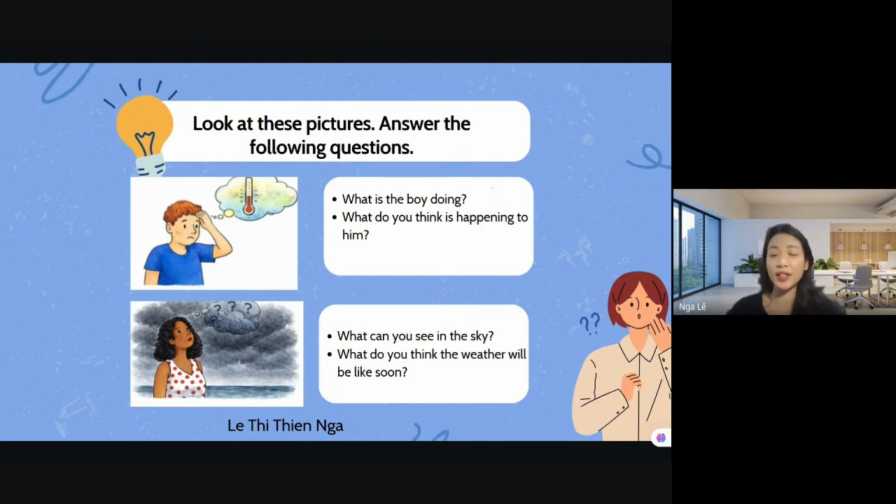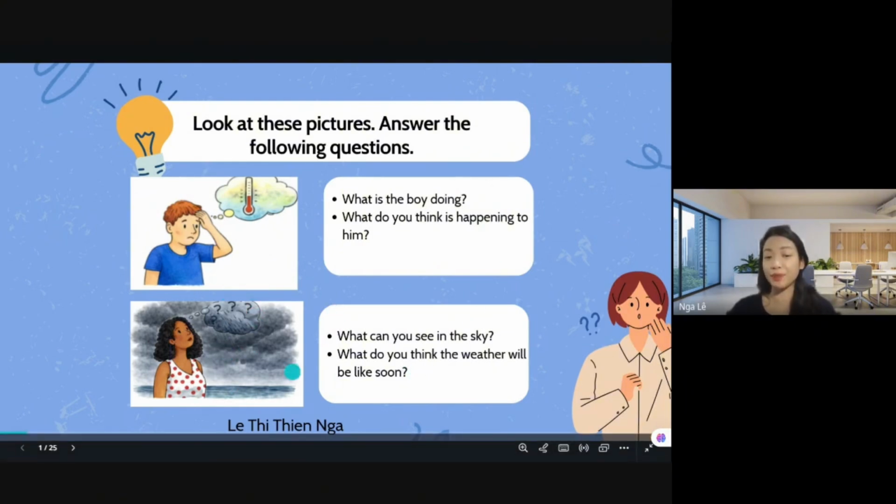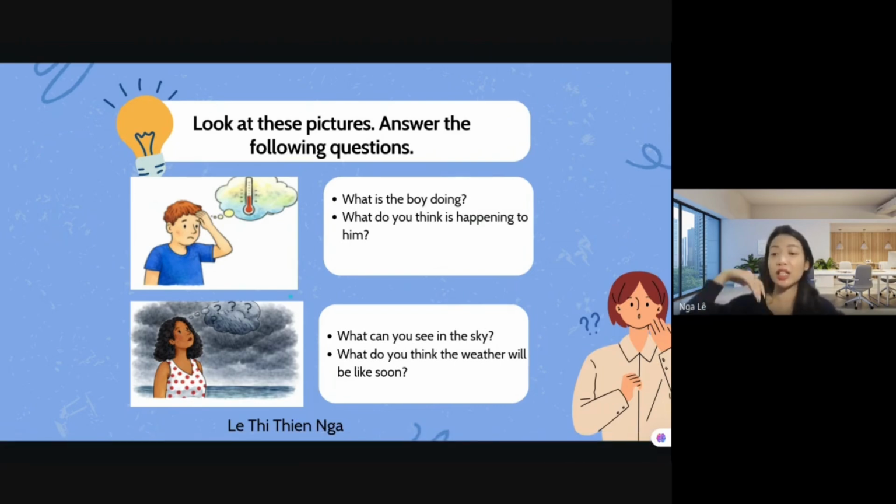Right. And the next picture here, you see that the girl is looking at the sky, right? And what can you see in the sky? And what do you think the weather will be like soon? John, please. What can you see in the sky here?